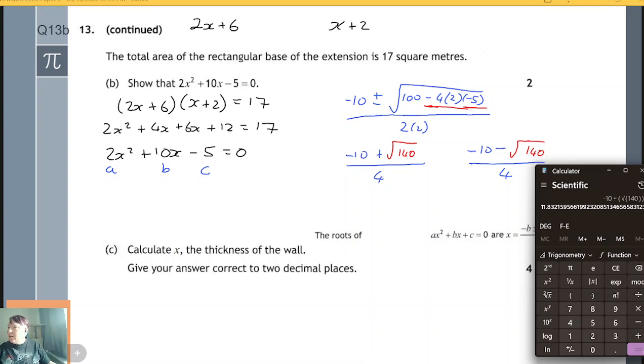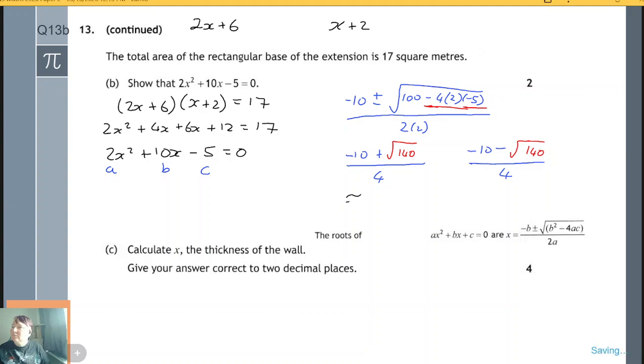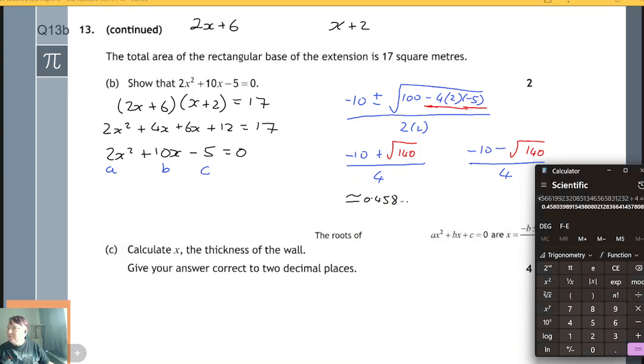Okay, equals, and then I need to divide that by 4, 0.458. Okay, that's a positive number at least, 0.458. Right, let's have a look at the other one.